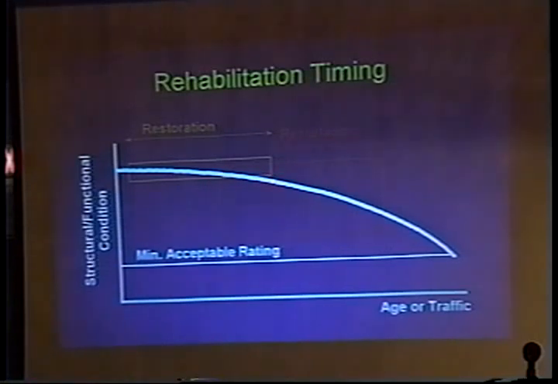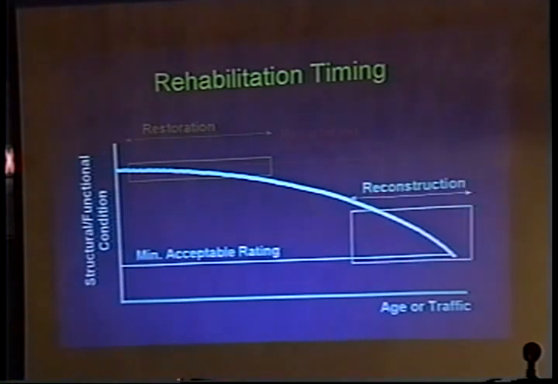If you have a decent, structurally sound pavement that you can go in and do some spot repairs on. Down in this area right in here, you might be looking towards an unbonded concrete overlay, something a little bit more beefy to accommodate future traffic, and that should bring it back up to a good functional, structural condition.